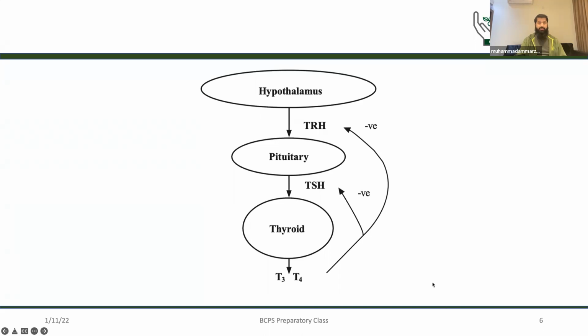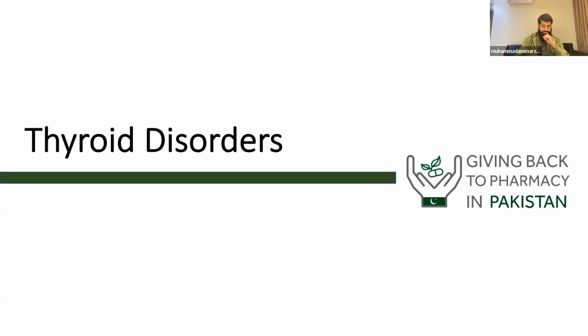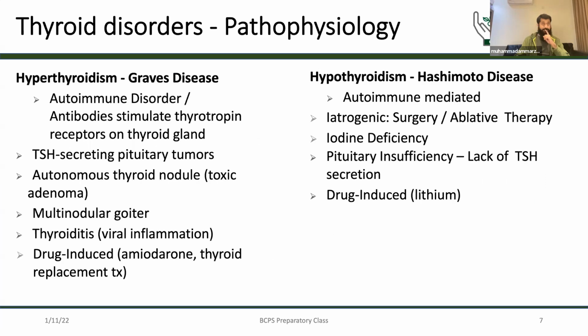So if we look at the pathophysiology of these disorders, in hyperthyroidism, the most common hyperthyroid disorder is Graves' disease. It is an autoimmune disorder in which antibodies are produced in the body which stimulate thyrotropin receptors on the thyroid gland.